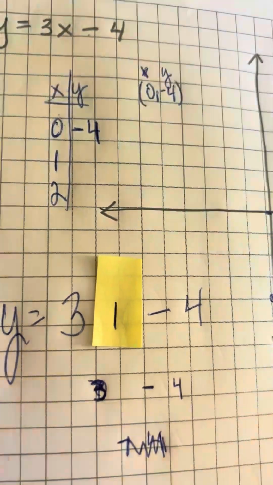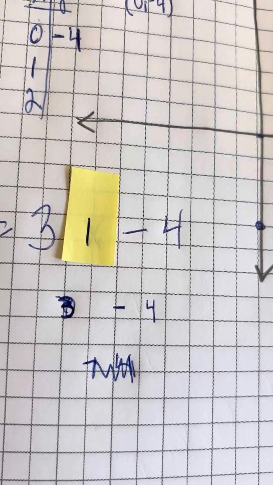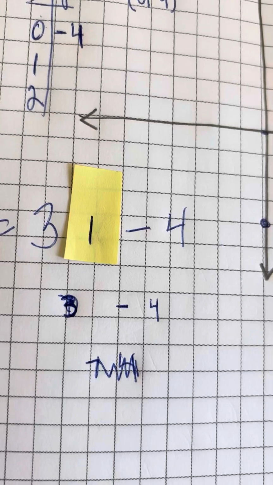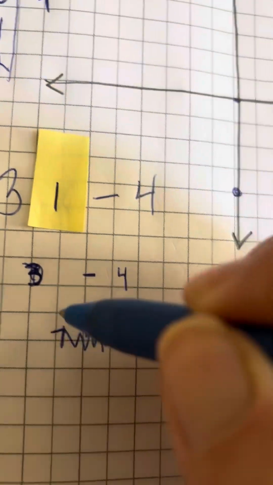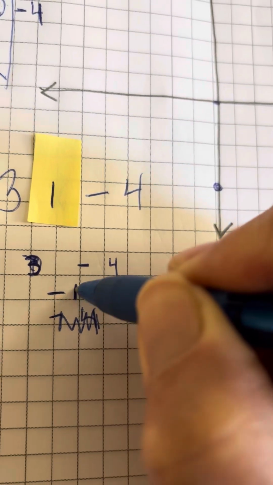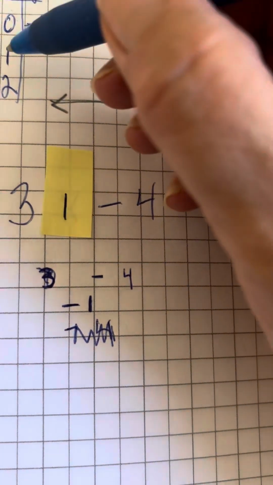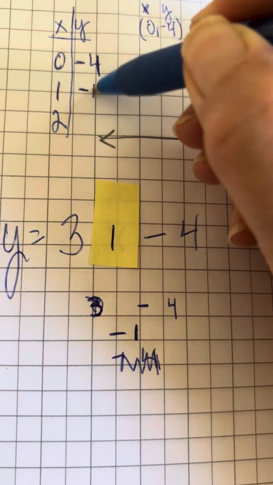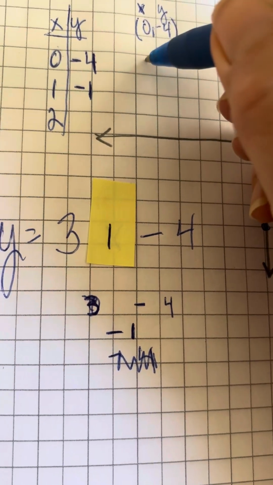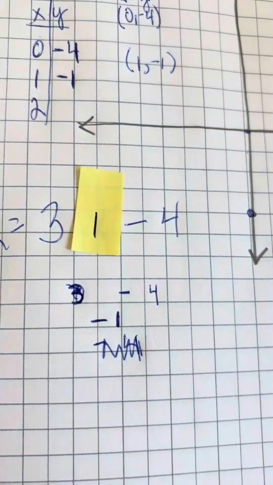When I take 3 minus 4, I can use my calculator, take my time. I'm going to get -1. So if I put in a 1 for my x, I got a -1 for my y. As a point, that would look like (1, -1).